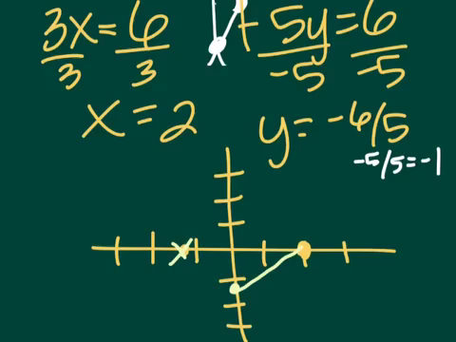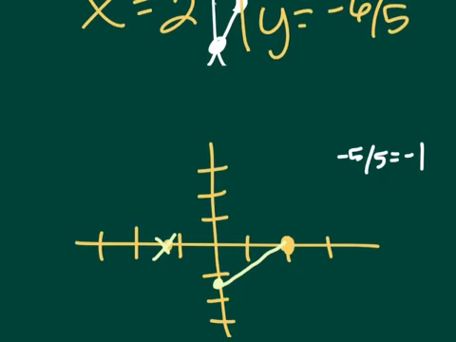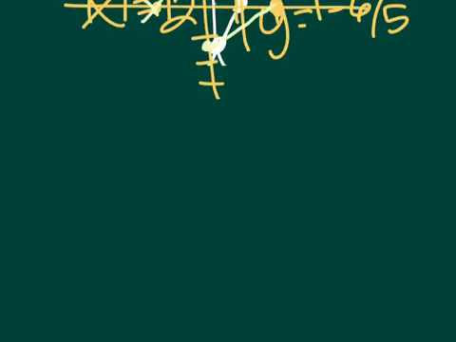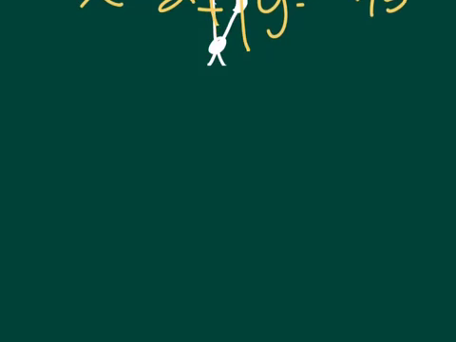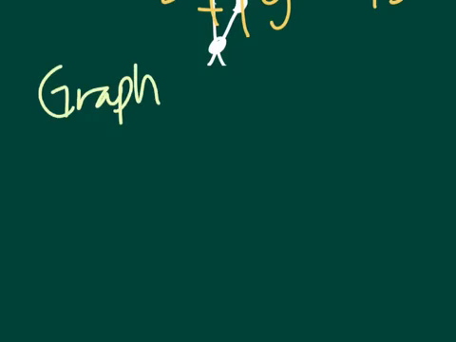Last thing we learned last week was horizontal and vertical lines. Should be easy peasy for you at this point, I hope. Okay. So those are really simple, and I don't want you to get those confused with the standard form. So if you're given something that just says graph y equals -3.